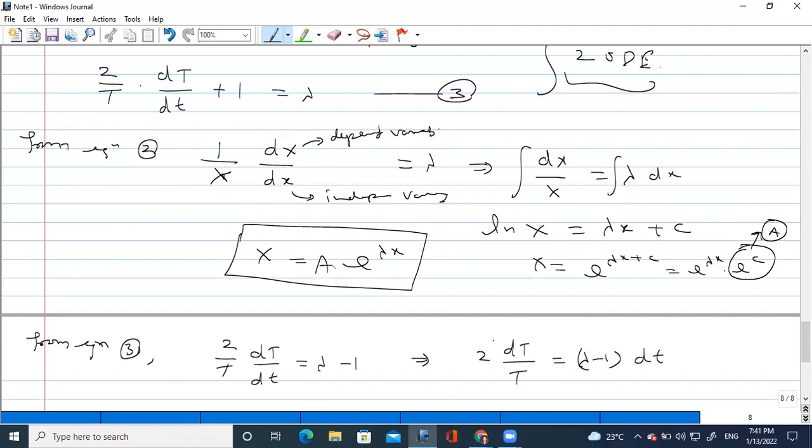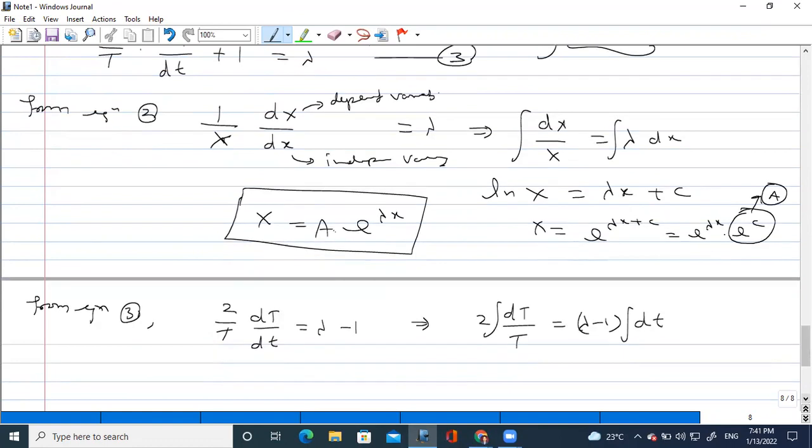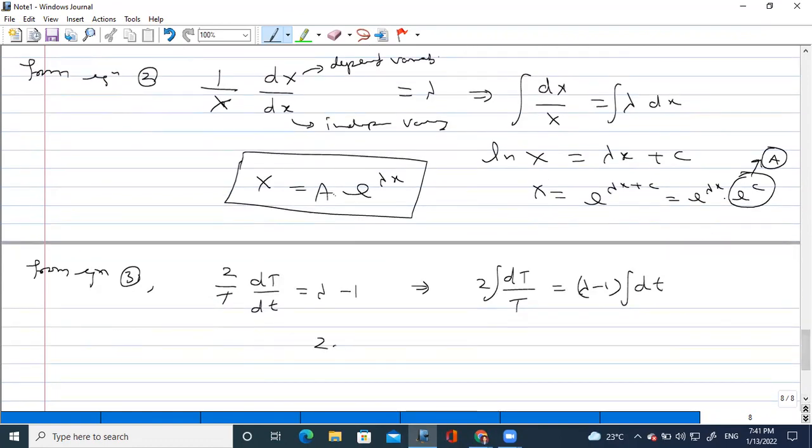So we can integrate it like this. So again it will be 2 ln T will be equal to lambda minus 1 into t plus some constant, suppose it is c1.